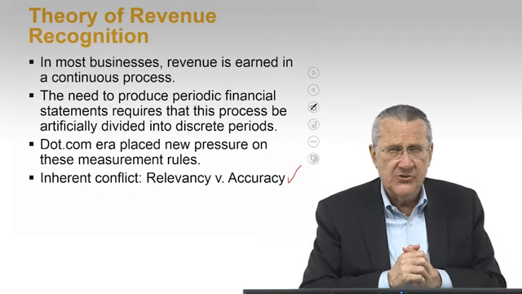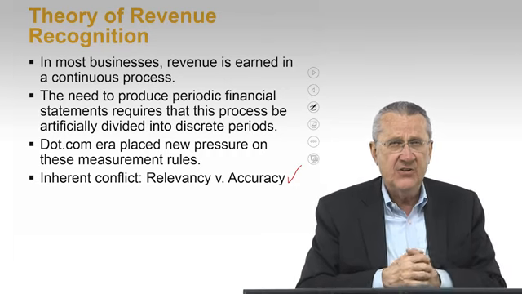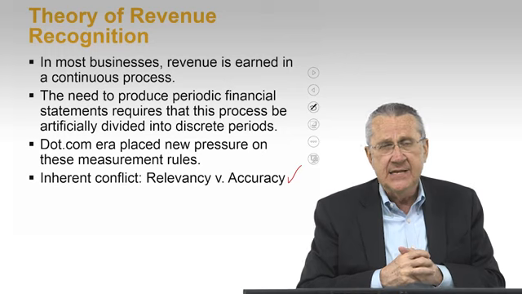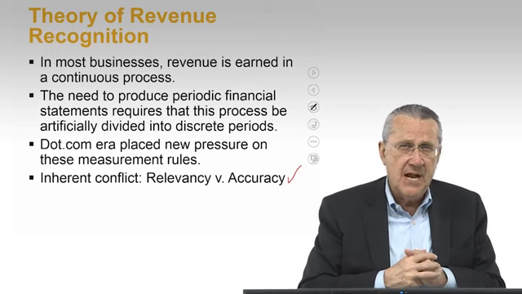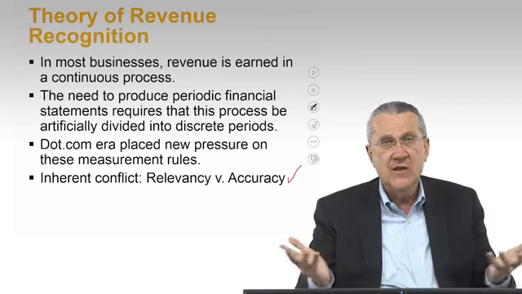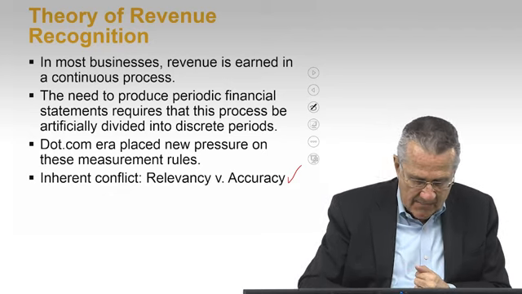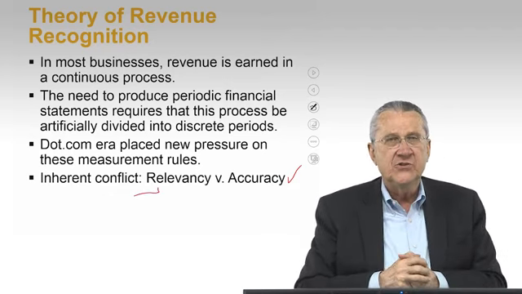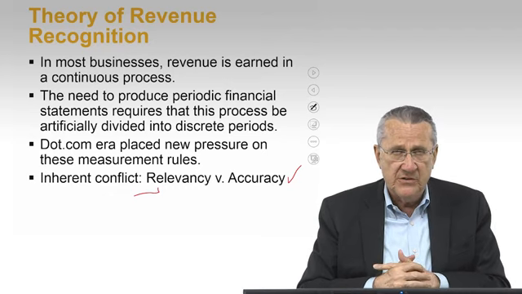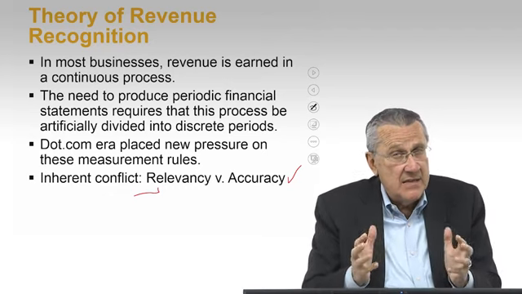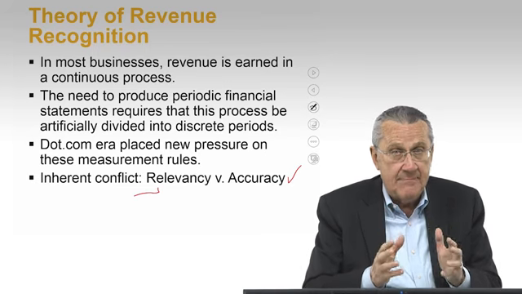doesn't do us very much good trying to make timely financial decisions about investments or lending to the company, or any of the other needs of any of the other financial statement users. Relevancy implies that the information that we present in financial statements is many things, but among them is timely.